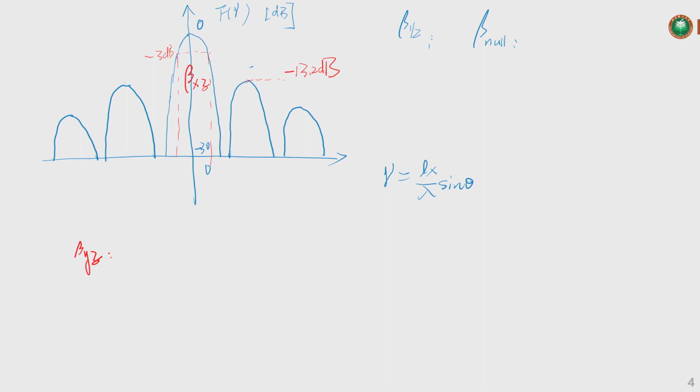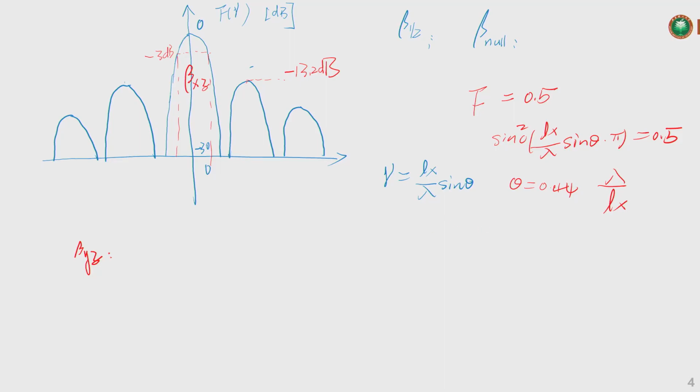So for such a condition, for the half power beamwidth, if we set the f equals 0.5, which means the sin square of Lx over lambda times sin theta times 0.3 equals 0.5, and we can get the values for these theta, 0.44 times lambda over Lx.